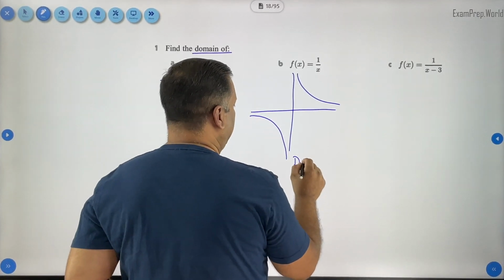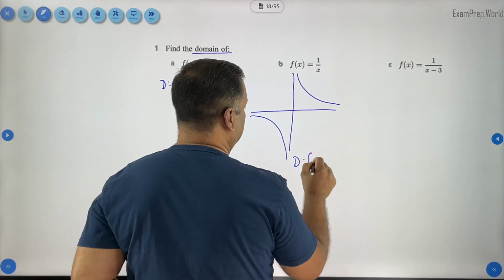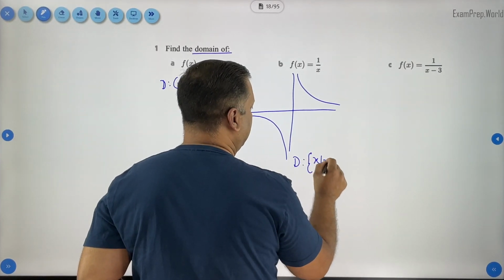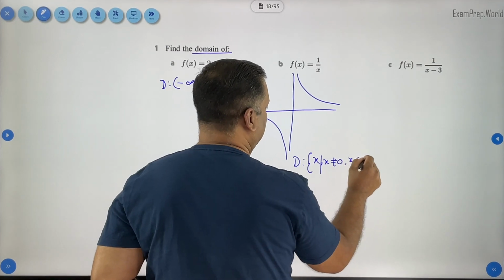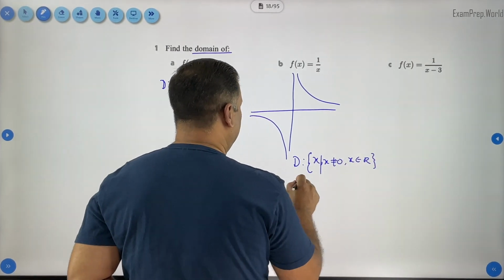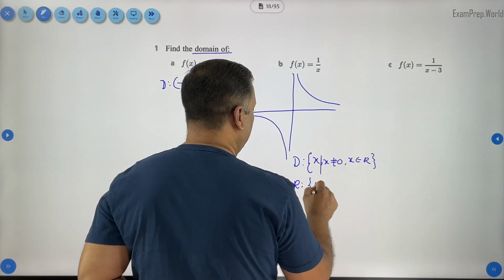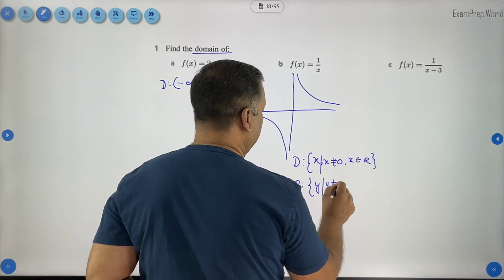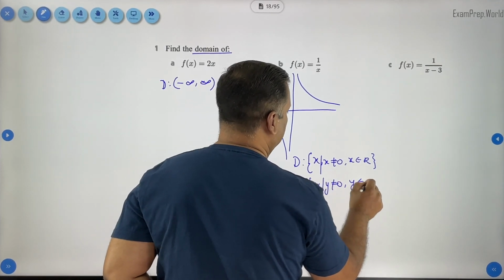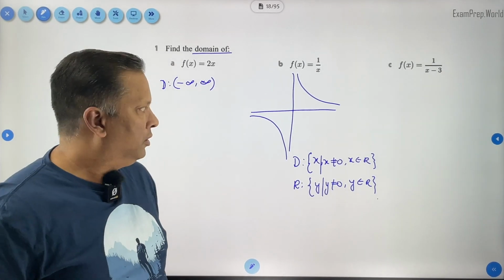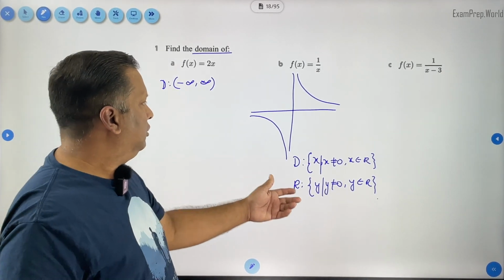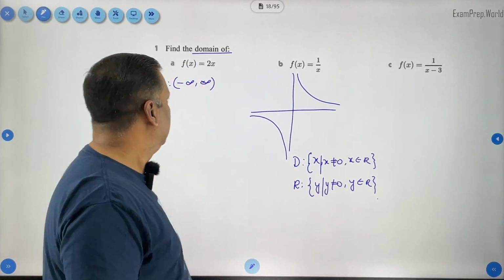So I will write domain is x such that x is not equal to 0, where x belongs to set of real numbers, and range y such that y is also not equal to 0, y belongs to set of real numbers. Okay, right? Although they didn't ask the range, but I still wrote it.